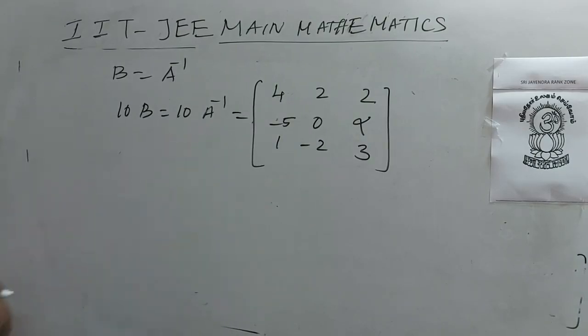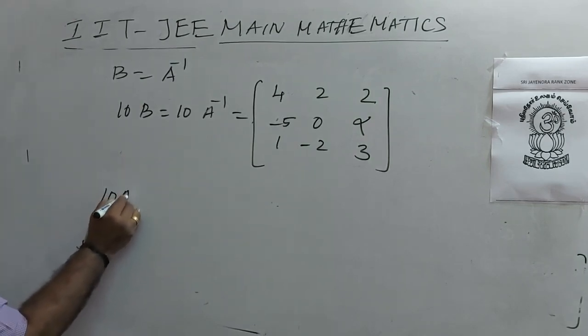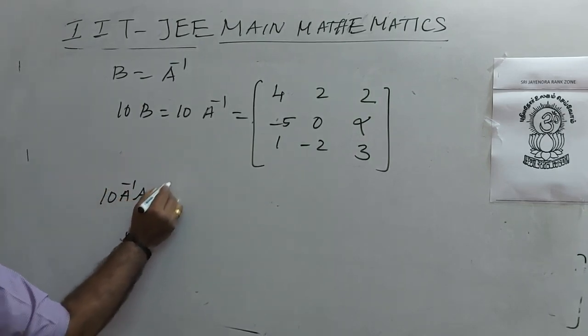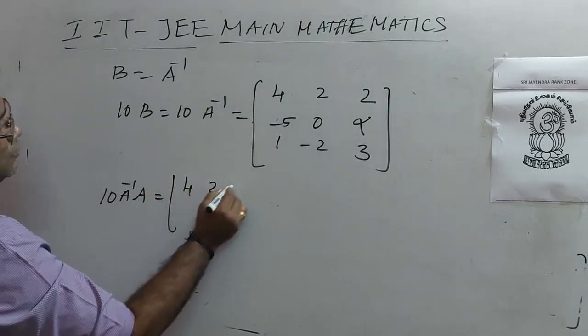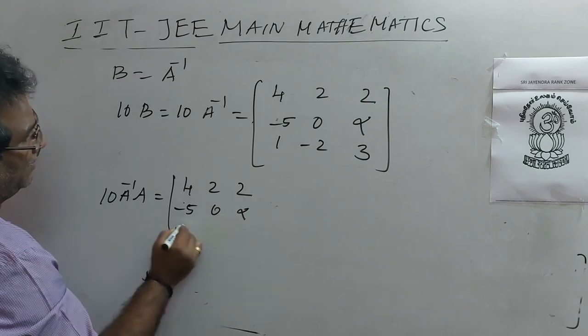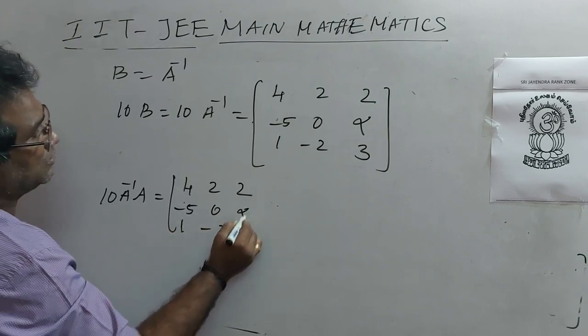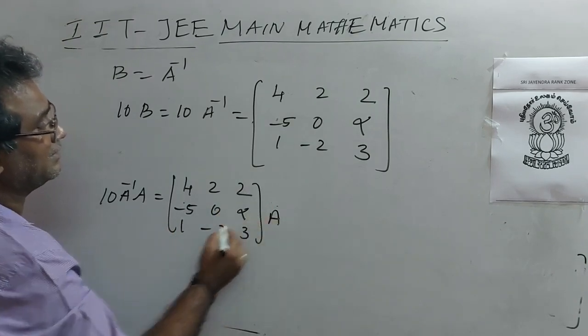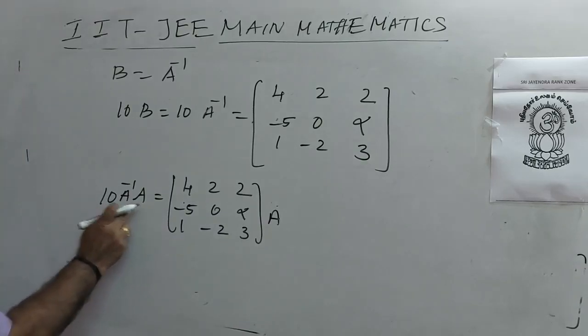Here, pre-multiply or post-multiply by A inverse on both sides. 10 A inverse into A equal to 4 2 2, minus 5 0 alpha, 1 minus 2 3 into A. A inverse into A equal to I, the identity matrix.